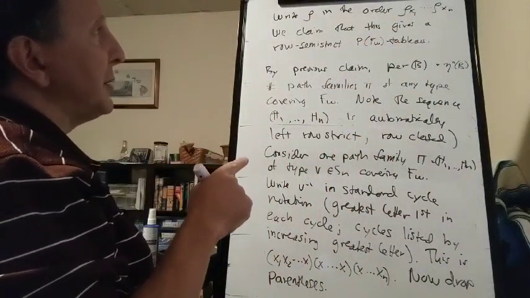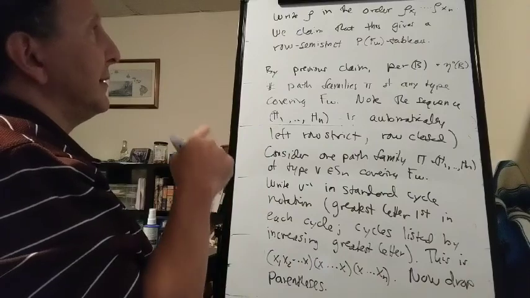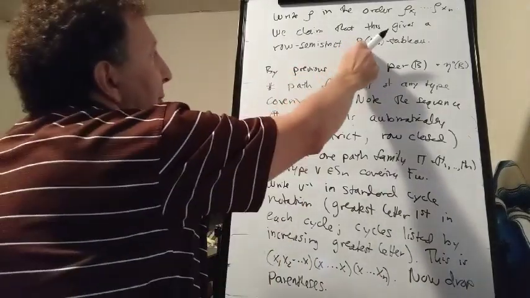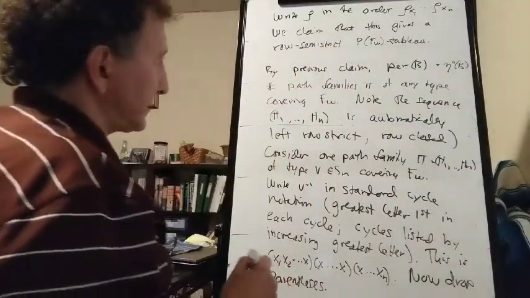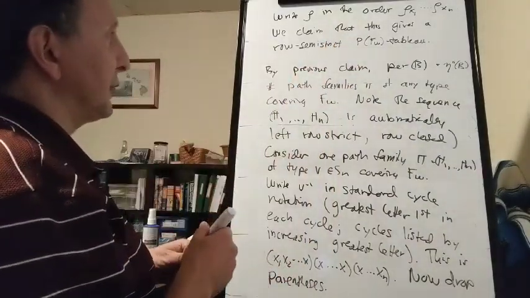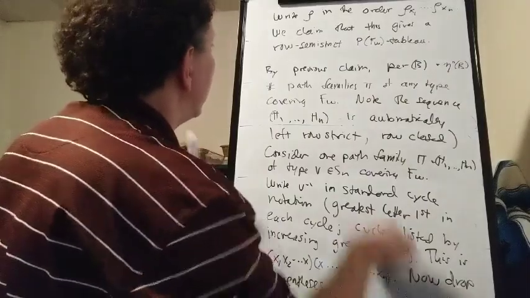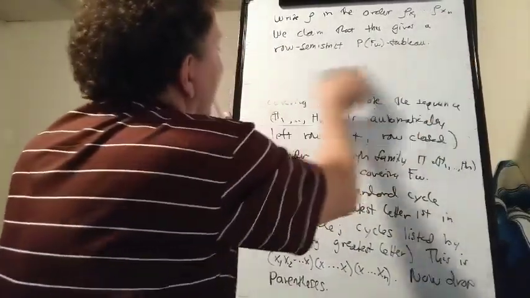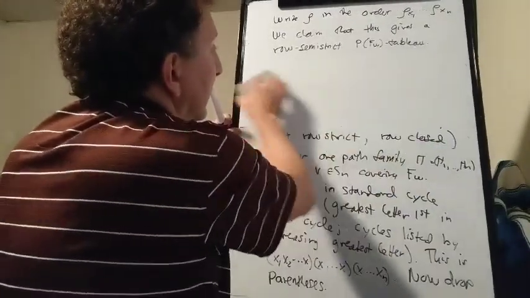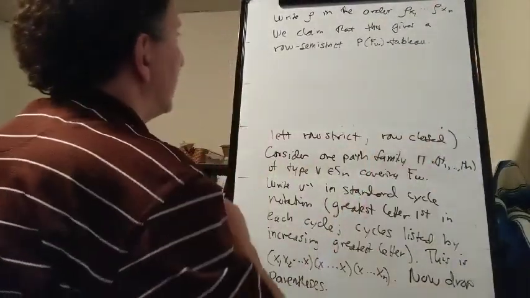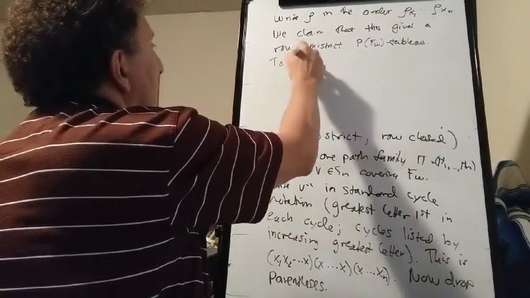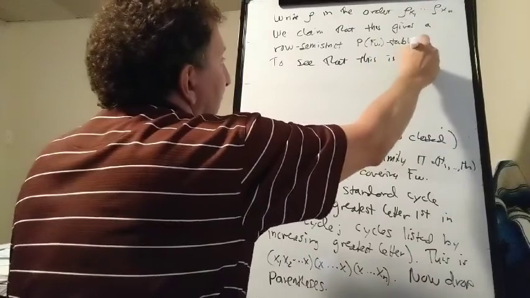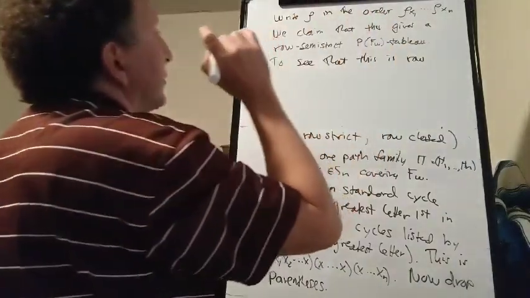So since rho has type identity, its component paths are basically the elements of the poset PFW. So we just need to show that it's row semi-strict.